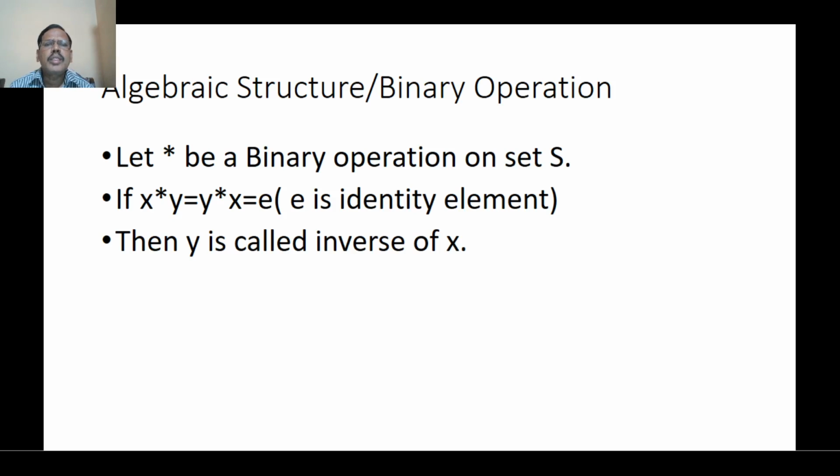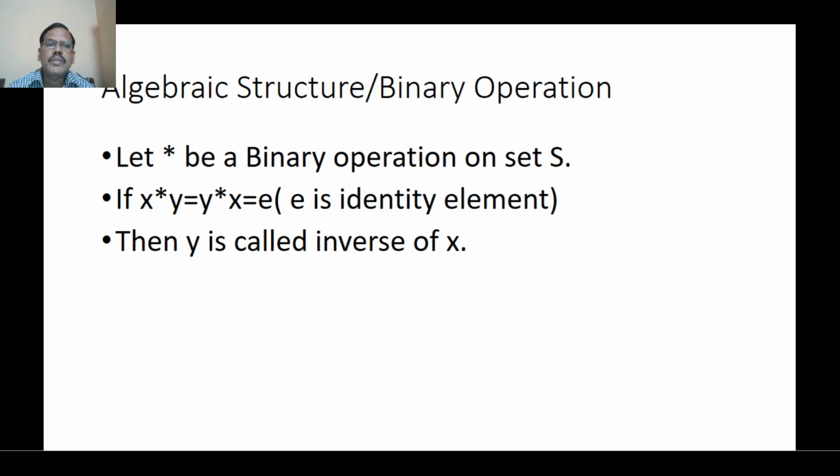Let star be a binary operation on set S. If x star y is equal to y star x is equal to E, where we denote the identity element as E, then y is called the inverse of x. For example, under addition, 3 plus minus 3 is equal to 0, 5 plus minus 5 is equal to 0, 10 plus minus 10 is equal to 0.